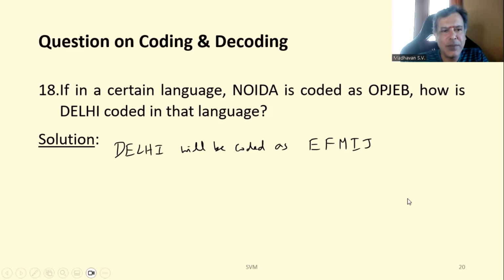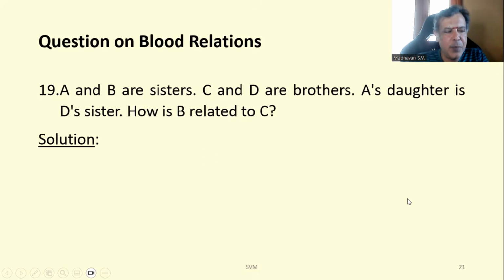Let us move on to the next. A and B are sisters. C and D are brothers. A's daughter is D's sister. How is B related to C?